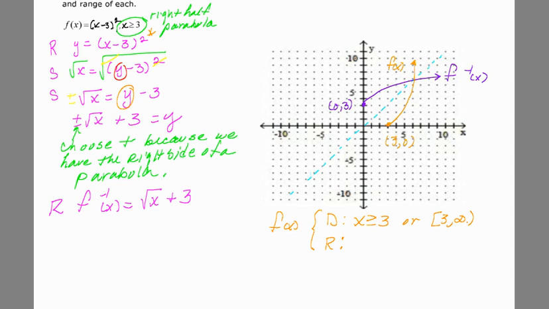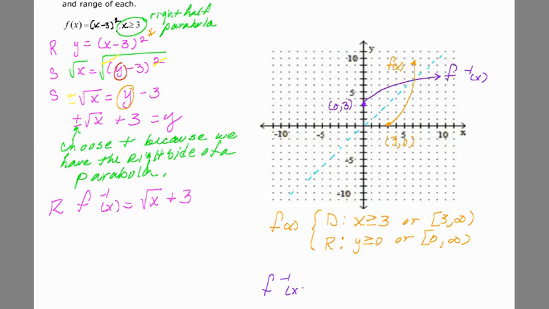Let's get the range for the orange function, the f of x function, from the picture. So domain as I go left to right is 3 to infinity. The range as I go bottom to top is 0 to infinity. So I could say y greater than or equal to 0 or 0 to infinity.